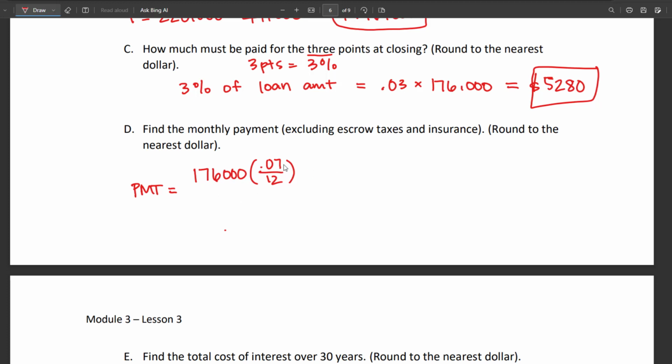So make sure you're getting a fixed interest rate on your loan for your home. These are monthly payments. Okay, we have 1 minus (1 plus 0.07 divided by 12) to the negative 12 times 30.